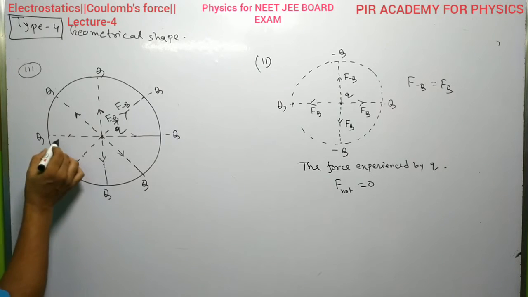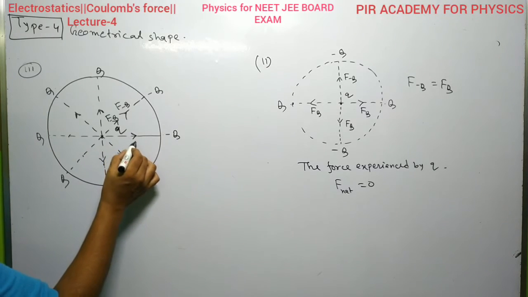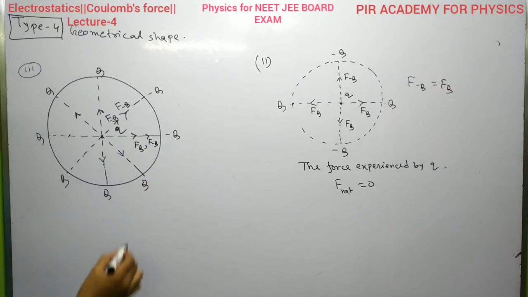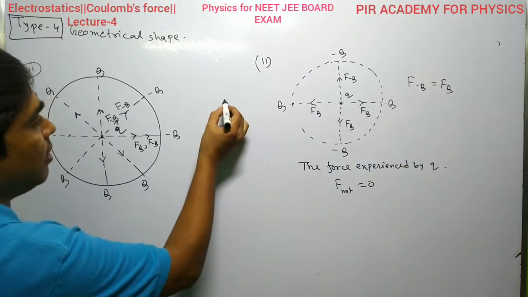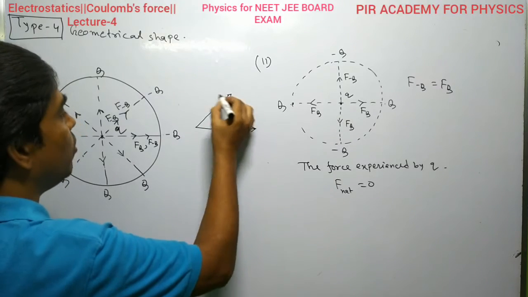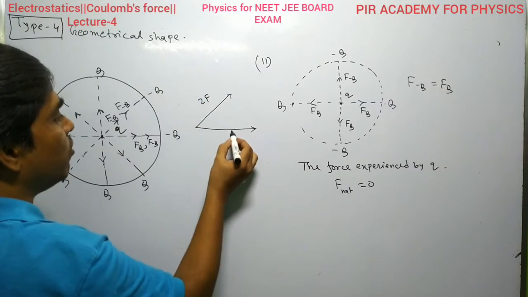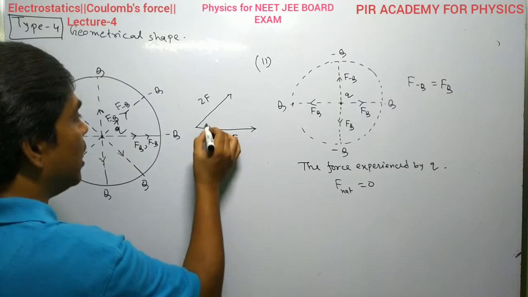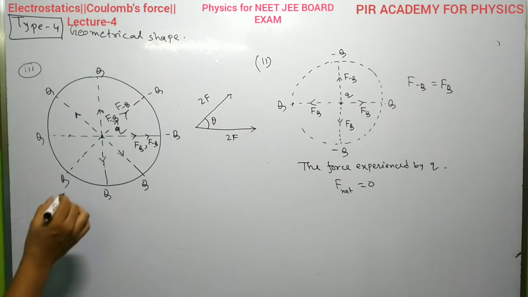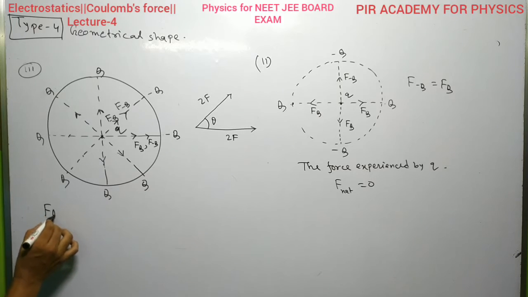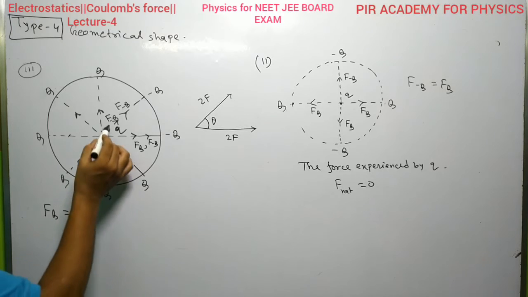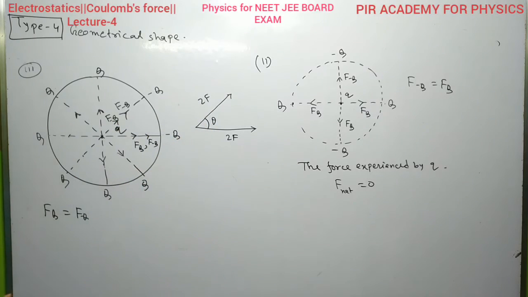In a similar way, the force will be along this direction, F of Q and F of minus Q. So in this condition this will be 2F, and here will be 2F, because F of Q equals F of minus Q.